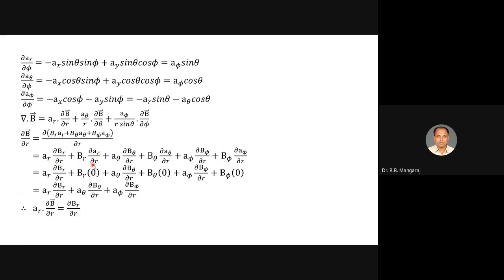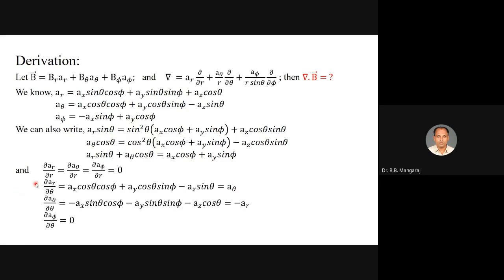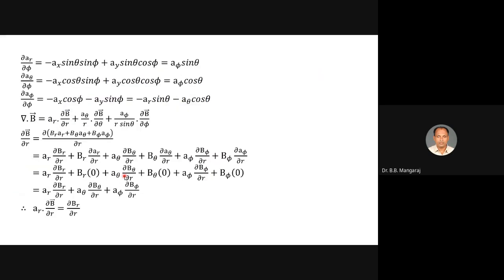Similarly for this one, we'll have two terms. For this one, we'll have two terms. Del a r by del r is 0, del a theta by del r is 0, and del a phi by del r is 0. We have already seen this one here. So three terms are 0, remains rest three terms.